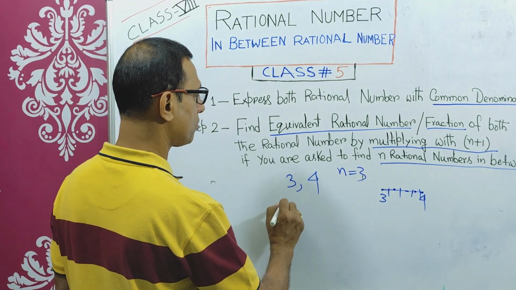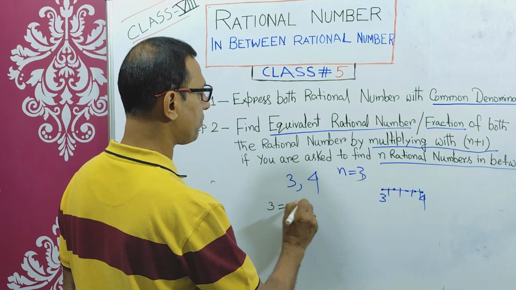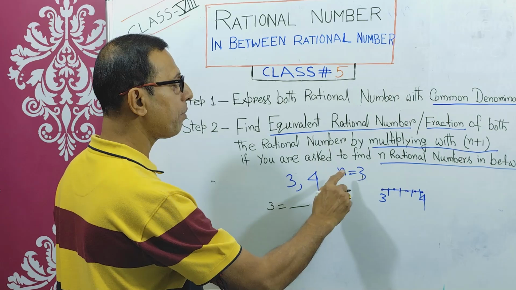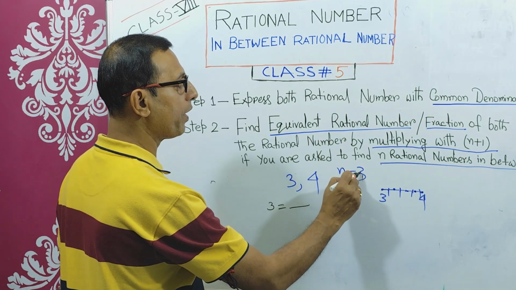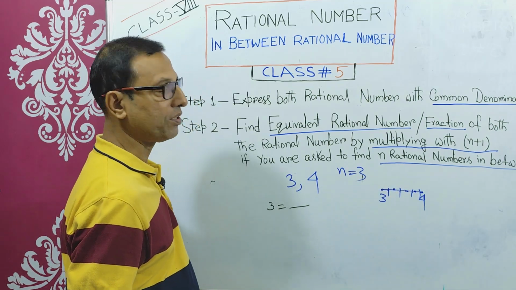You make an equivalent fraction by multiplying with n plus 1, because the number of points plus 1 is the number of divisions.